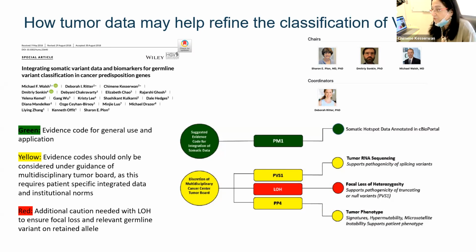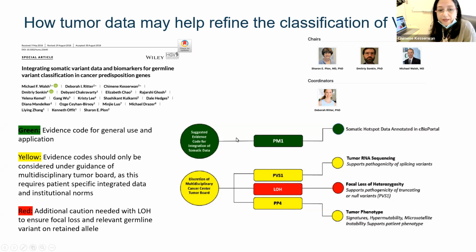Also, this working group determined that, at present, integrating loss of heterozygosity as evidence for pathogenicity of germline variants would require some additional caution. And again, it needs to be determined under the guidance of a multidisciplinary tumor board.